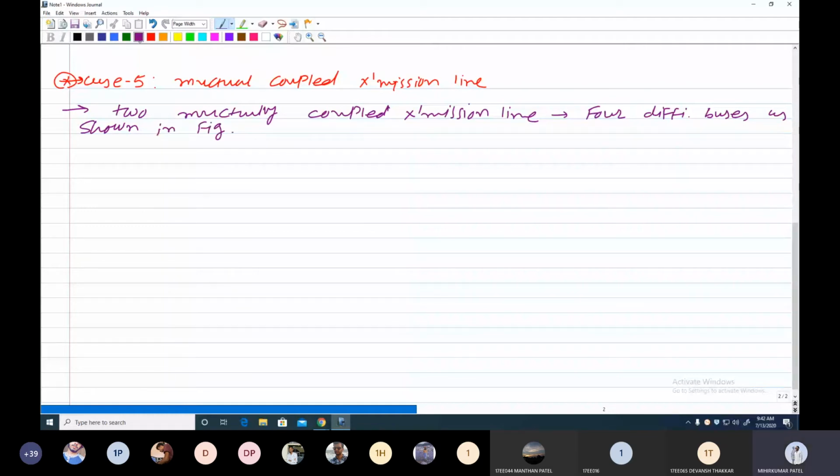So let's draw the diagram. Mutual coupled transmission line.